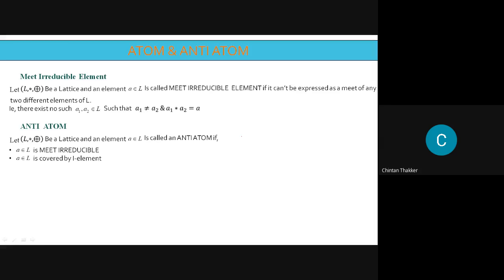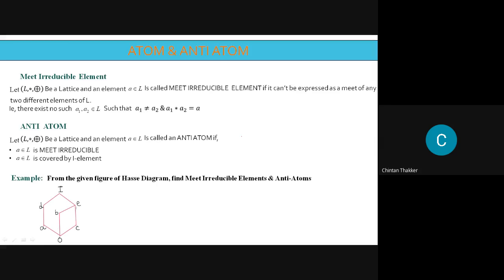Okay. So for this hash diagram, which are the meet irreducible elements, where you have only one line coming from upside?